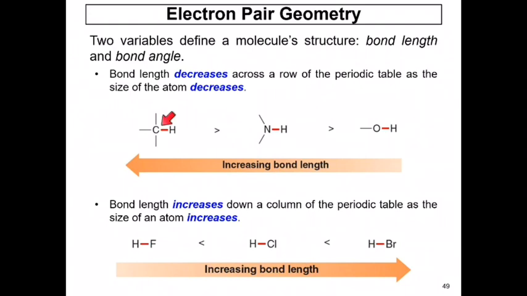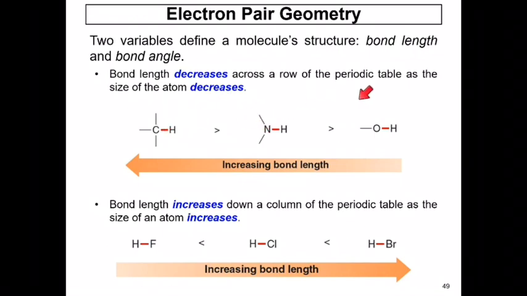Here we have a carbon to hydrogen bond versus a nitrogen to hydrogen bond versus an oxygen to hydrogen bond. Since all three atoms, carbon, nitrogen, and oxygen, are bonded to hydrogen, the bond length will be dependent upon these atoms.